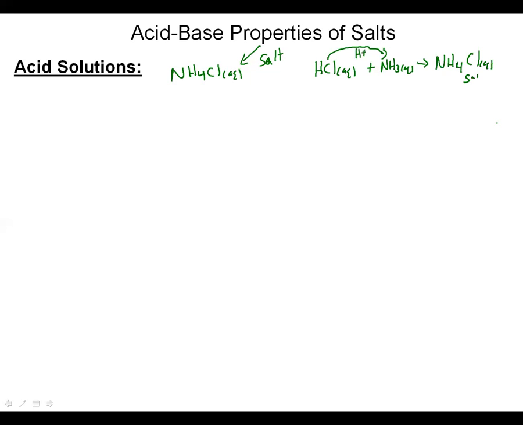And I'm just going to break it up into both ions here, NH4 plus and Cl minus, which again is the same thing as it together. And again, it came from our HCl and our ammonia. And this is when we want to look at both parts of the salt and determine if anything is going to basically continue on and react with water.